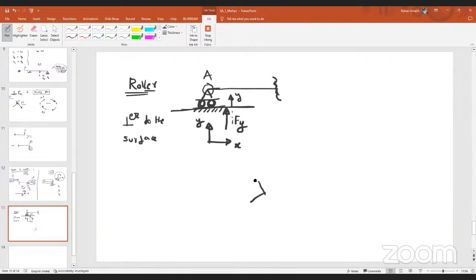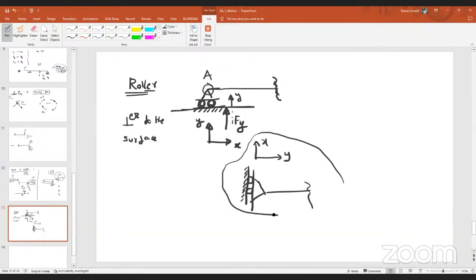Suppose in the same case, I draw a roller support like this. Can you tell me in which direction forces will develop here? Along X or Y? Y, sir. Why?